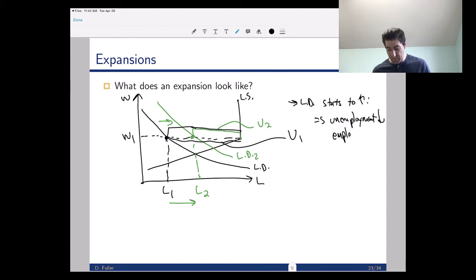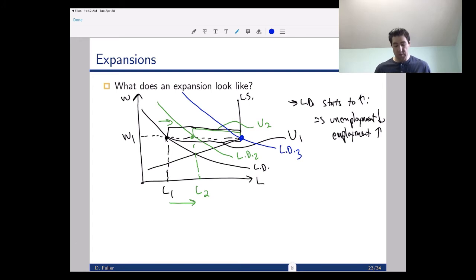And the opposite of that, the reason it's happening, is because employment has increased, and that's causing real GDP to go up. This process is going to continue until, hopefully, we get back to here, where we're only left with frictional unemployment, the unemployment that occurs as it takes time to find a job.